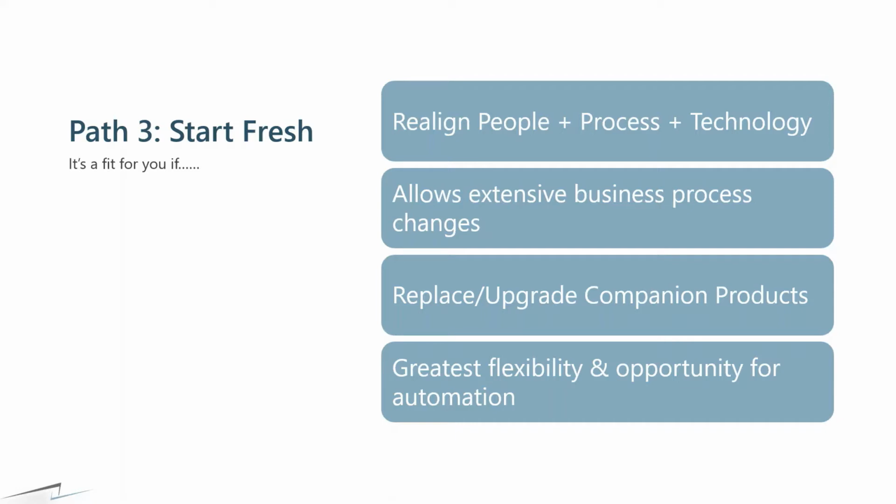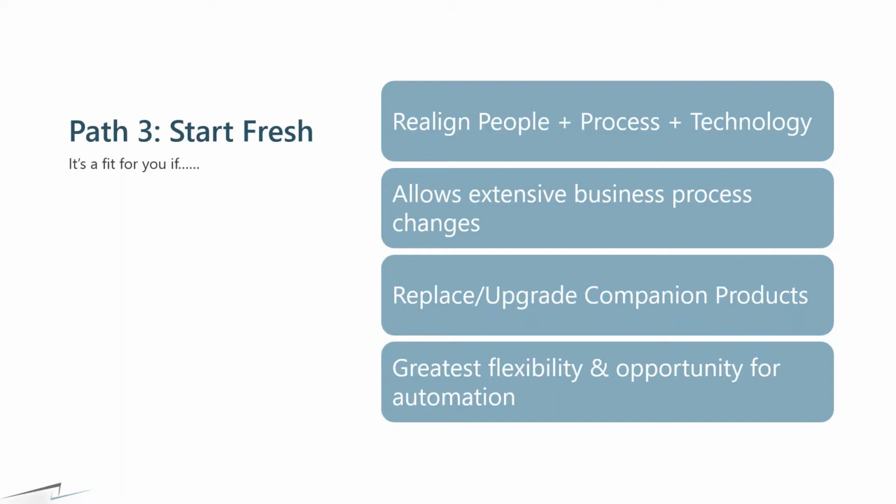We see this commonly with some of the smaller third-party or companion products where they've chosen not to go to the cloud, or where that companion product really isn't meeting your business need anymore, and you need something that's right-sized for your business. Sometimes that's more robust functionality.